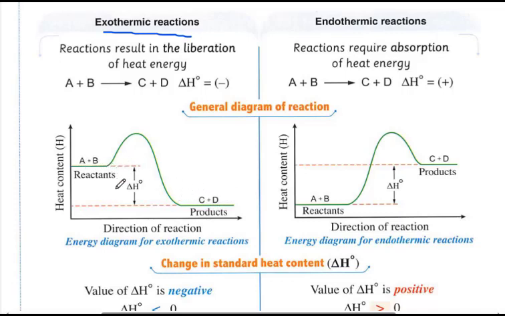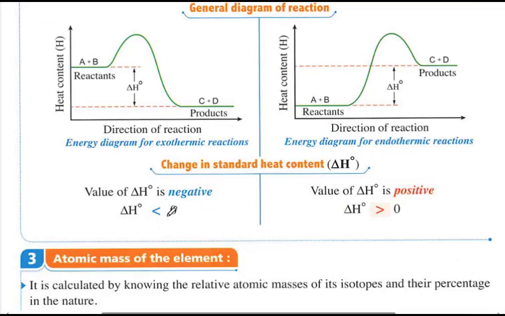So the change in the overall heat content has a negative sign, as the heat content of the whole reaction decreases by this amount. So delta H here has a negative sign, less than 0, as the product heat content is less than the reactant heat content.